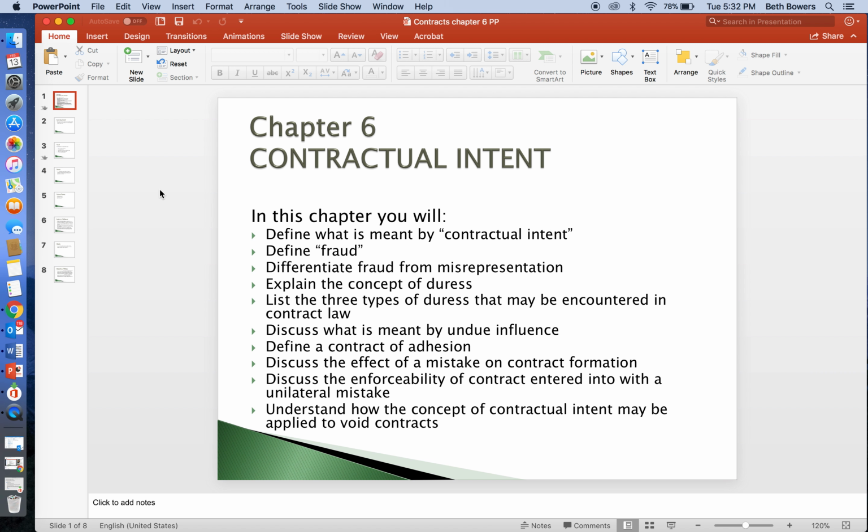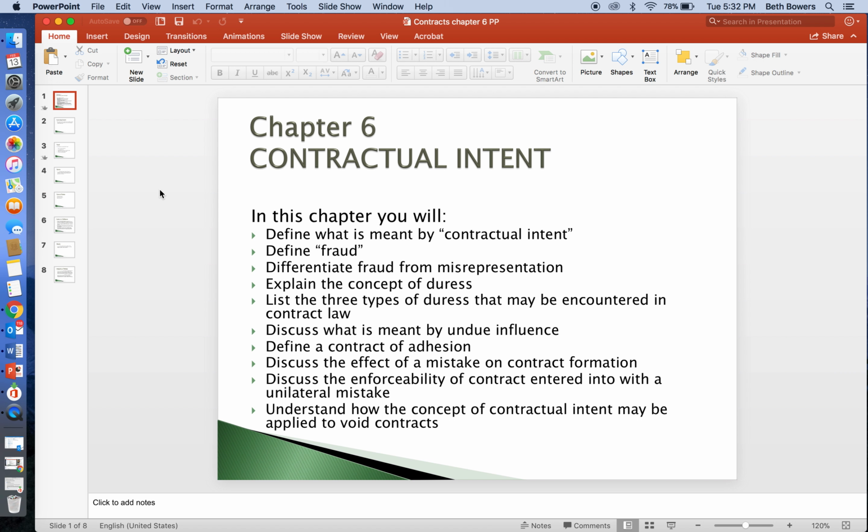So again, we'll rehash what that means, and then we'll talk about concepts that undermine contractual intent, including fraud and misrepresentation, and we will discuss the differences between those two, the concept of duress, and what is meant by undue influence, and how those can impact someone's intent in entering into a contract.